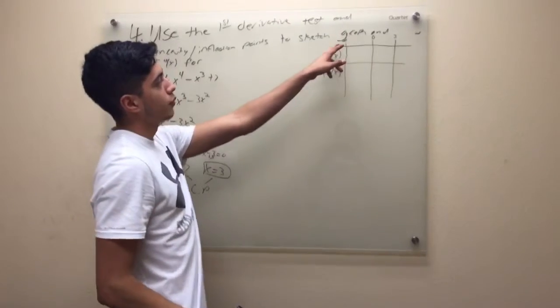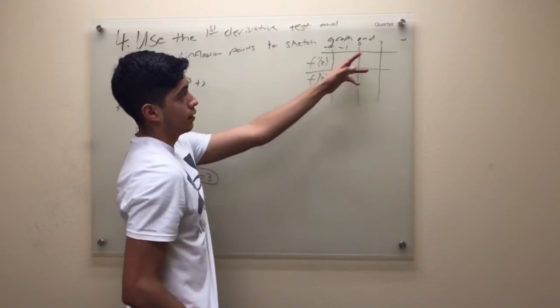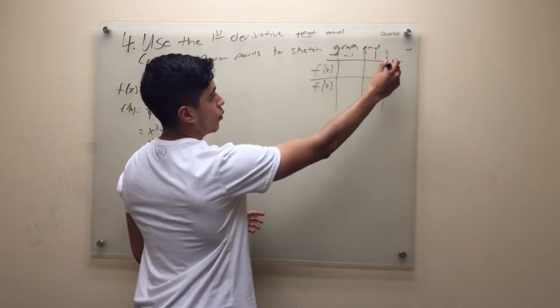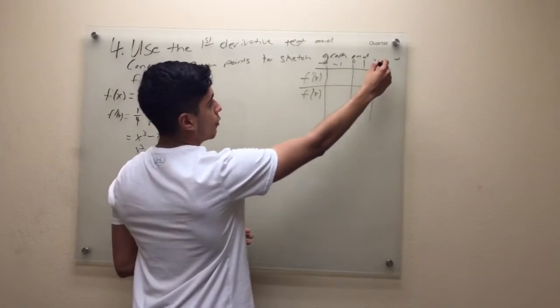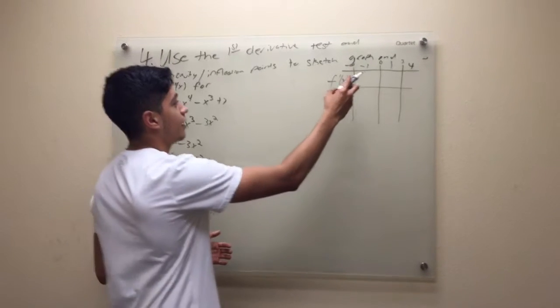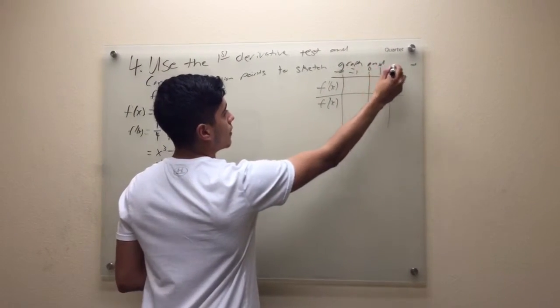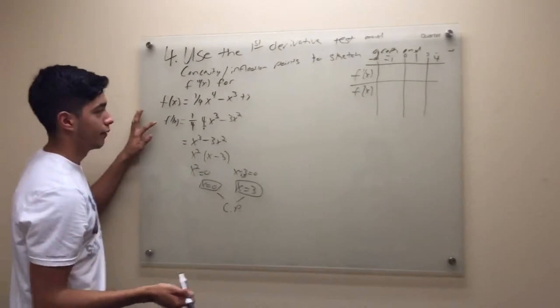So a number between negative infinity and 0, we're going to choose -1. From 0 to 3, we'll pick 1 as well. And then from 3 to positive infinity, we're just going to go with 4. Keep it simple. And so now we're going to plug these numbers into our derived function.